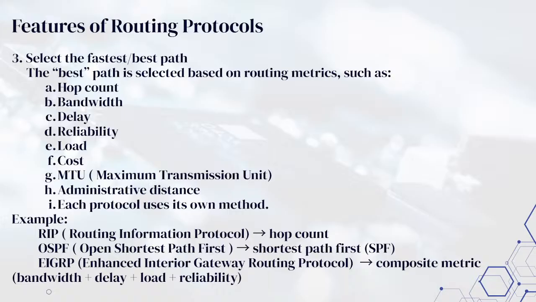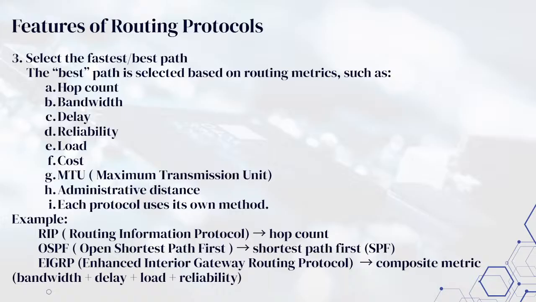The best path is selected based on routing metrics such as hop count, bandwidth, delay, reliability, load, cost, maximum transmission unit, and administrative distance, and each protocol uses its own method.